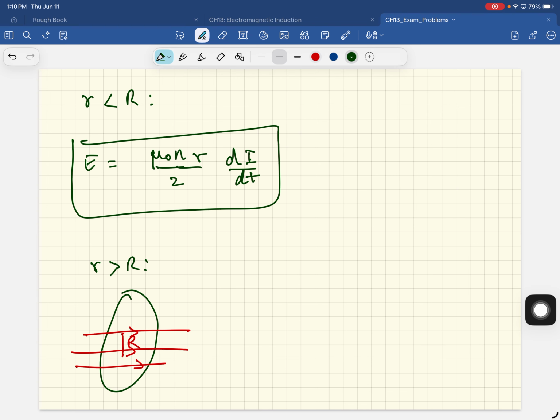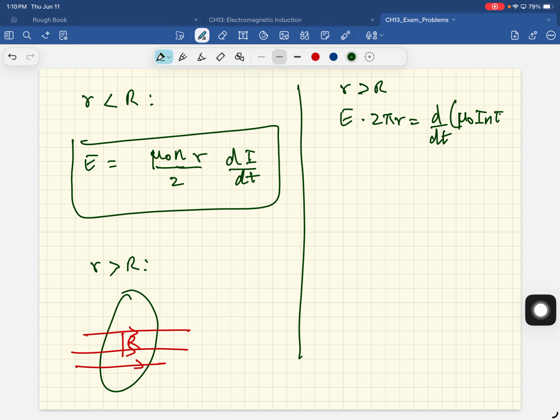Okay, they haven't given us n. They need to give us n in this problem. So you can assume n. We'll put n in, calculate the EMF, and then you can calculate the current.